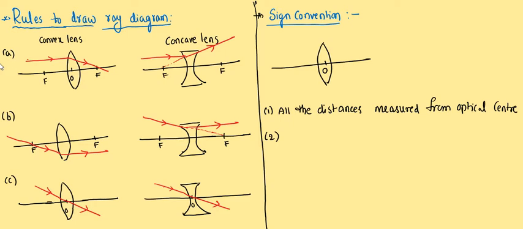For example, generally the object is taken on the left side. This is the object, and the light will be incident like this. This is the direction of incident light. The direction of incident light is the right side.